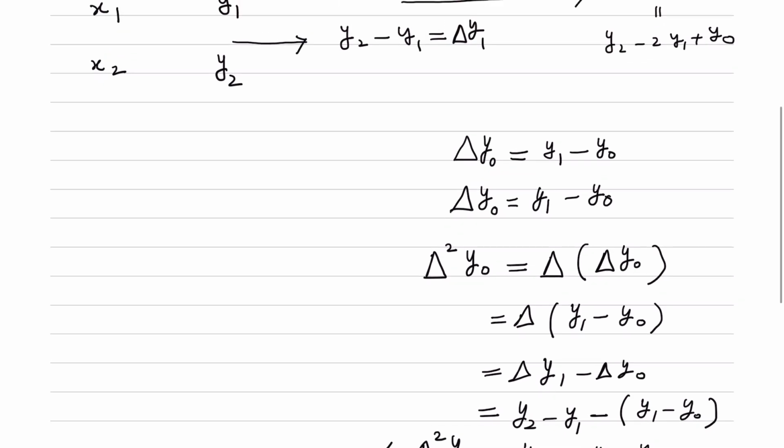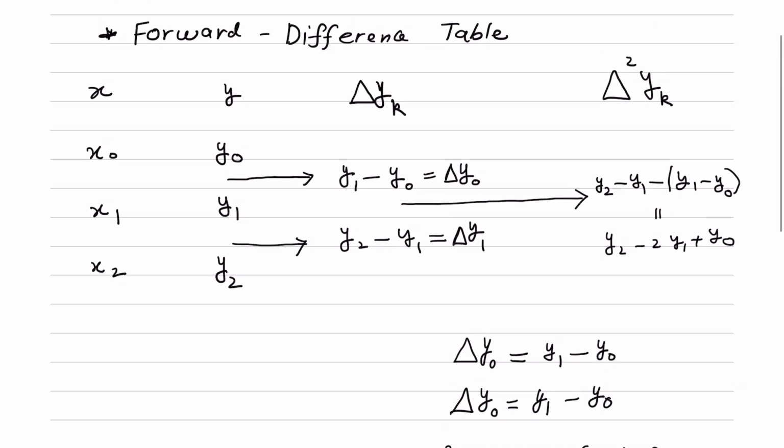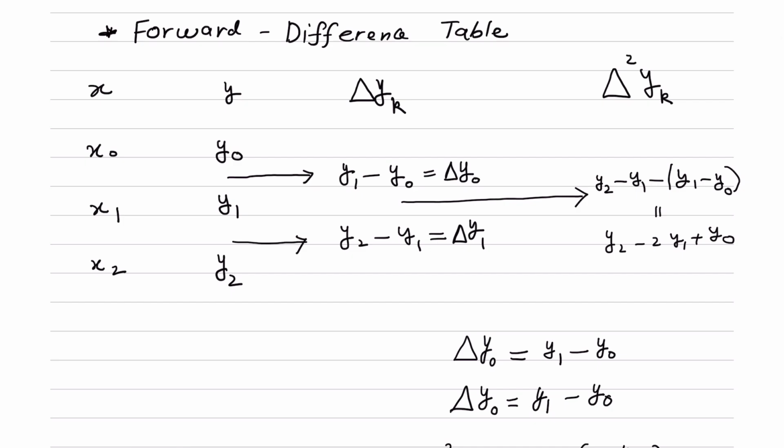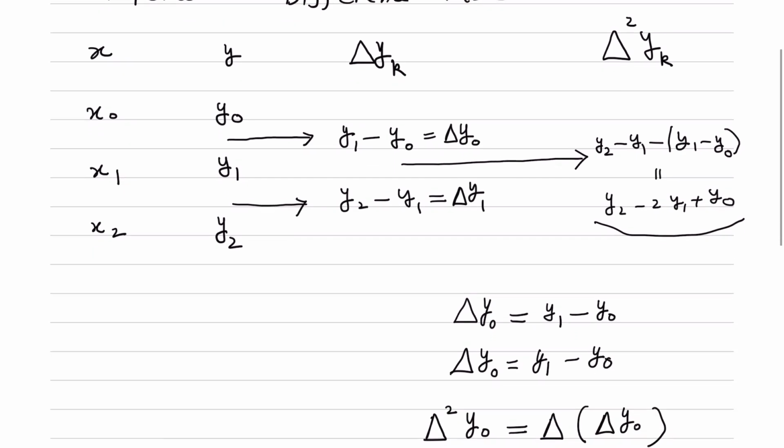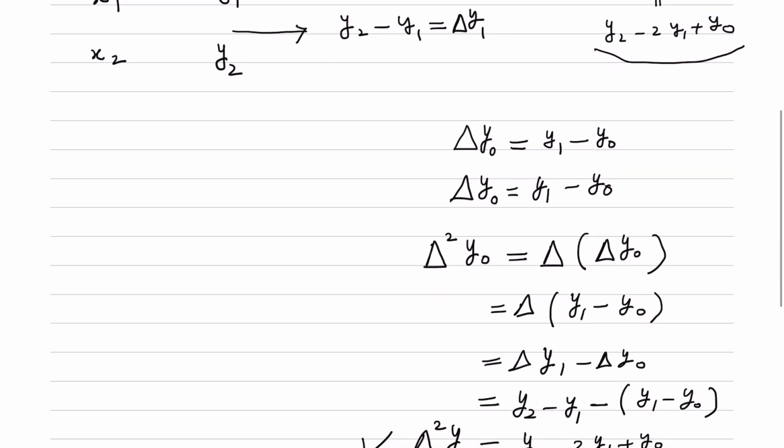Now let's look at the forward difference table that we have just constructed. Here y2 minus 2y1 plus y0 is nothing but forward square y0 that we have just calculated.